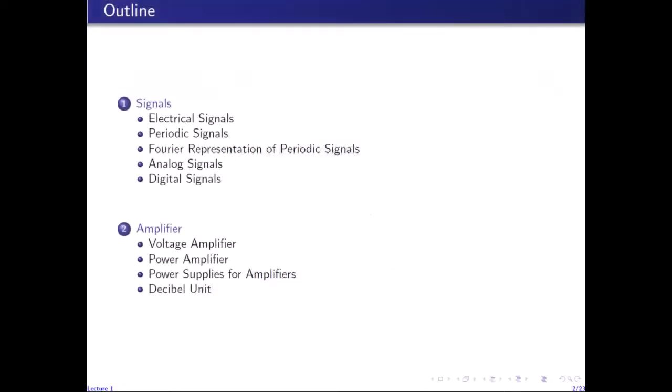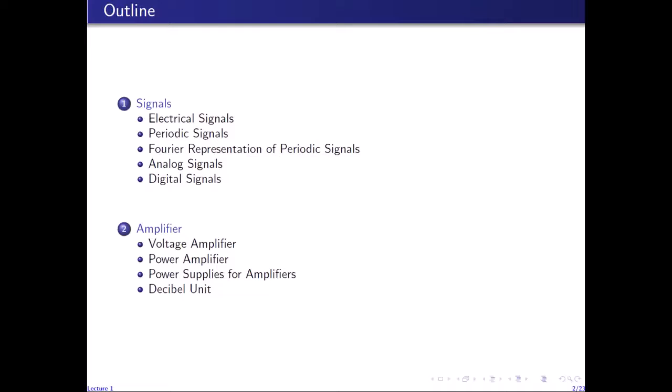So as shown in this outline for this lecture here, I naturally wanted to begin with a discussion on signals. I'll discuss some types of signals, their different representations. I'll define analog signals, and I will go through the process of quantization to obtain digital signals.